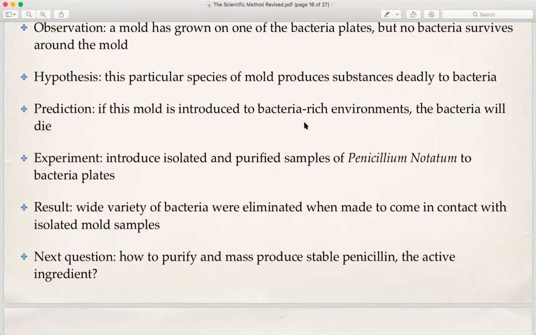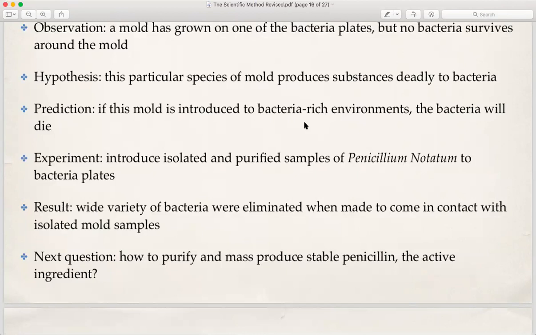So the next question was how to purify and mass produce stable penicillin, which is the active ingredient in this mold. And it's actually not Fleming who did this. Fleming published this at some point right after the war, and actually no one really cared. It was just kind of an obscure thing in an obscure journal.